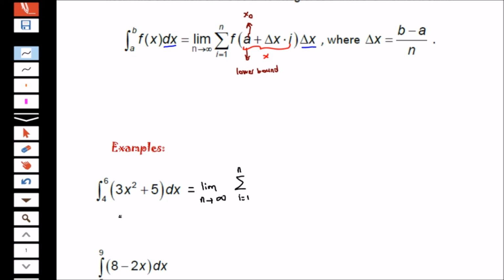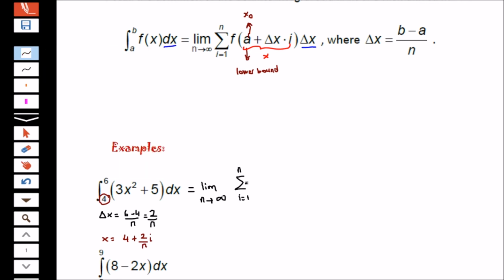I need to check delta x now. What is delta x? Delta x is 6 minus 4 over n, so delta x is 2 over n. And what is the lower bound? Lower bound is important for us. Lower bound is 4. So I will write the x value as 4 plus 2 over n times i.